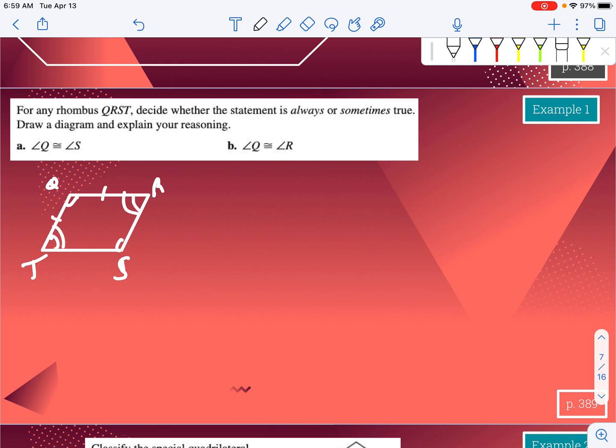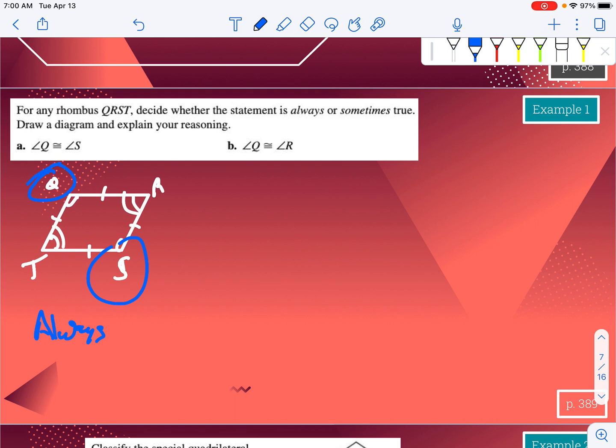That means that these are congruent. For any rhombus, decide whether the statement is always or sometimes true. Draw a diagram to explain your reasoning. So in a rhombus, is it always or sometimes true that Q is congruent to S? Well, that would be always true because they are diagonals, and we looked at quadrilaterals and parallelograms that those diagonals are always congruent.